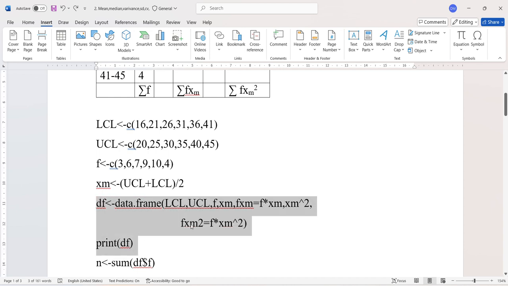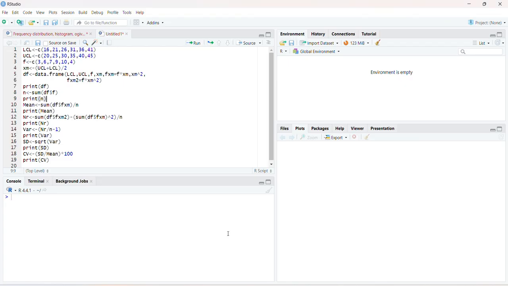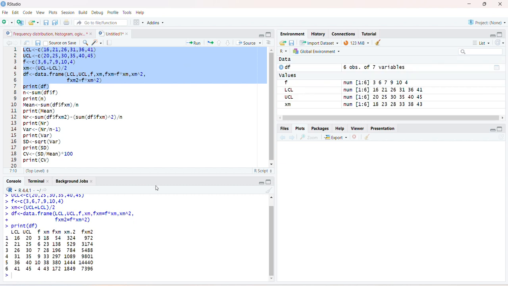Let us paste this here so that we understand it. Now the LCL and UCL we have got, frequencies we have got. Up to here we will execute, and then up to here we will print the data frame. Look at this now. We are able to get a table with LCL, UCL, frequencies, XM, F into XM, XM square and FXM square.